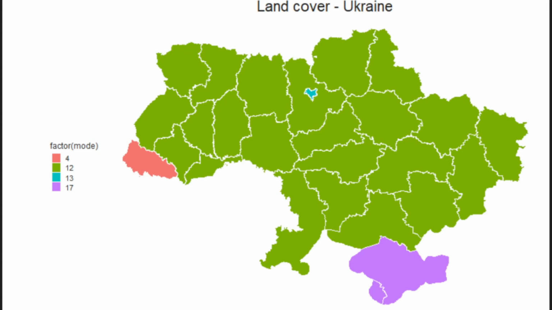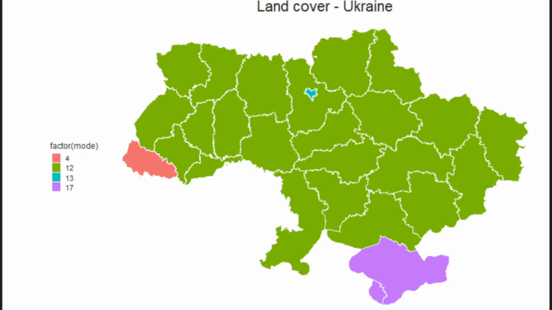All right, so this is our first map. It's the land cover for Ukraine, which shows the most dominant land cover per region. And because we organized it by category, it shows us a specific color for every category. One thing that you can see is the value of 12, which dominates the landscape, and 12 in the codebook is the cropland.